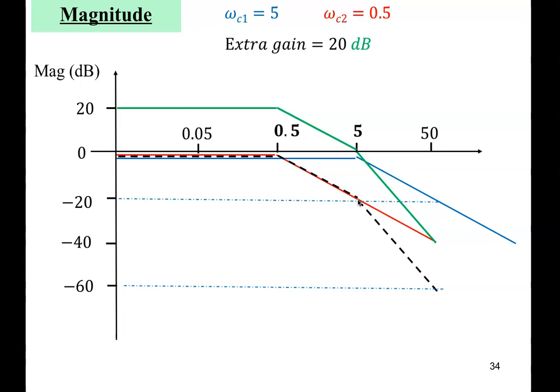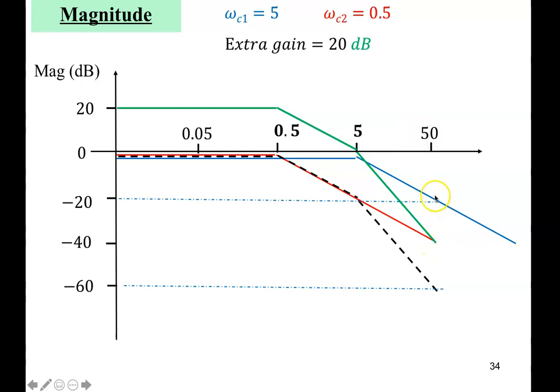Next, moving up, I have 50 radians per second. Now this time the blue line comes down to minus 20. But bear in mind the red line will go further down, because the red line dropped to minus 20 when the frequency is 5. By the time you get to another division, that should drop to minus 40.